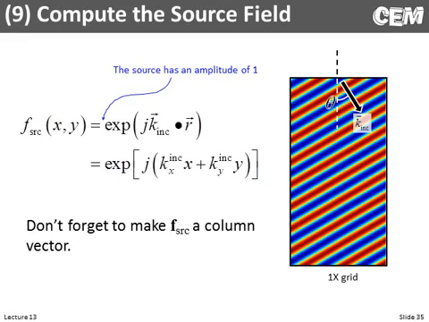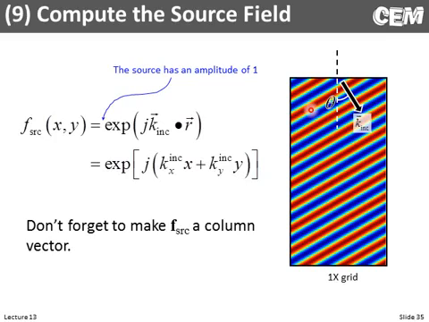Now on to the B, the source vector on the right-hand side of our matrix equation. The first step in calculating that is to calculate this source field. We're going to fill in a grid with the same material that exists where we inject the plane wave source, and if everything were that material, what would the source look like without having a device present?